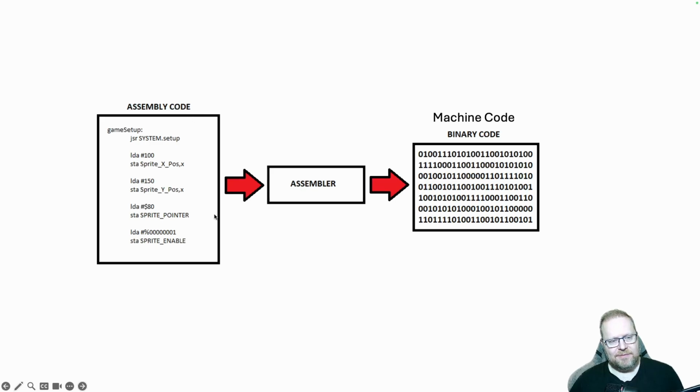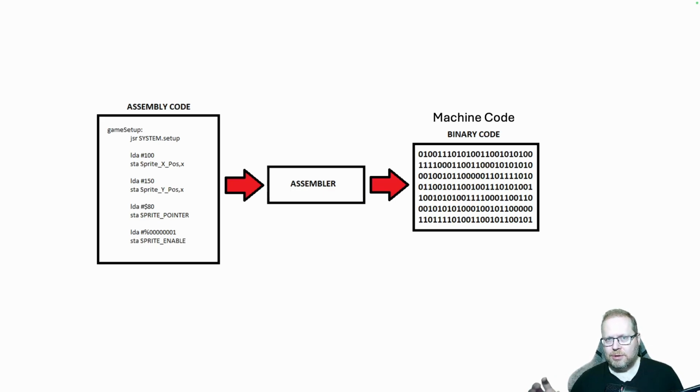So when I press F7 now, Kick Assembler starts up and goes through my code. What it does is translate my assembly code into something called machine code. I have displayed it here in binary, but machine code is almost the same as assembly code, except there are no commands there like STA, LDA.